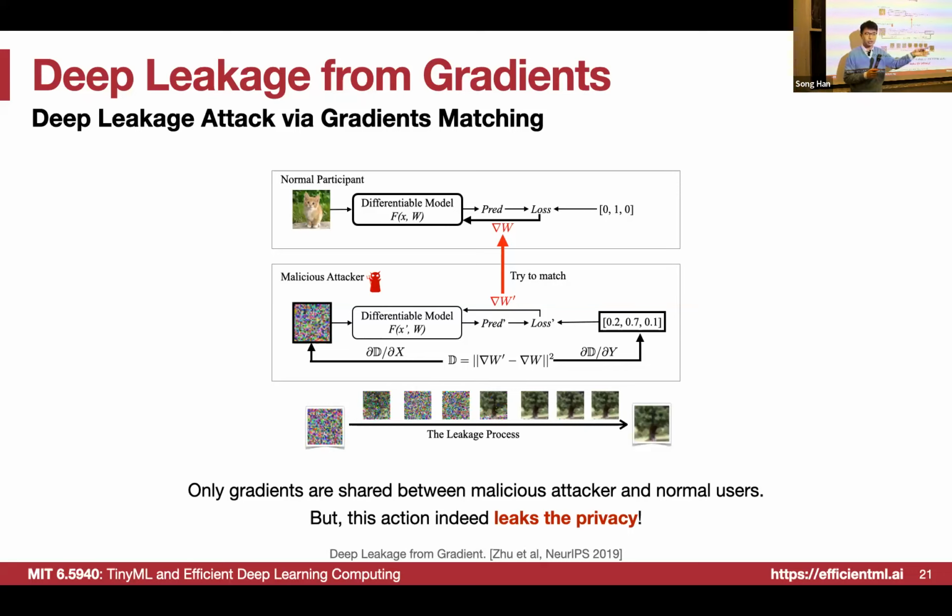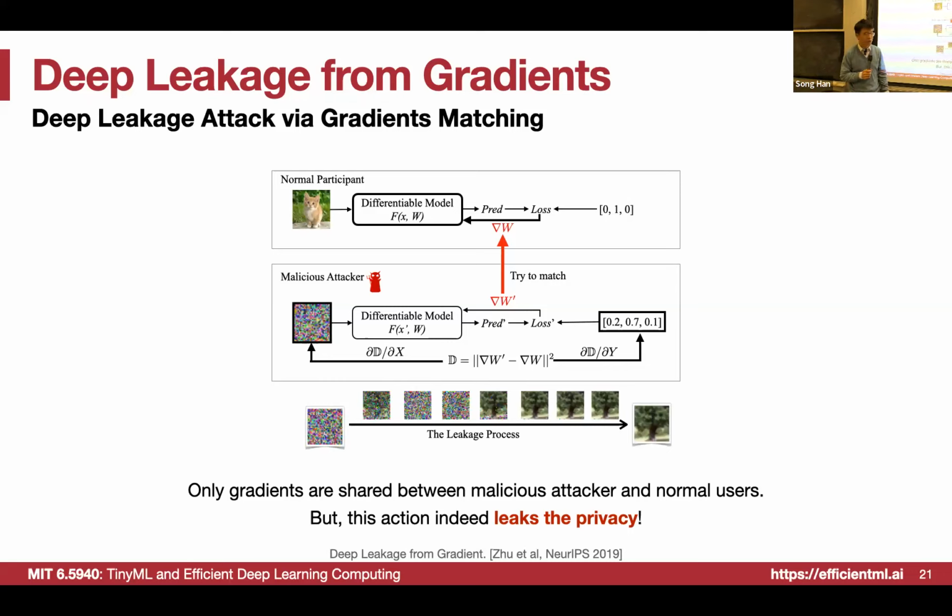We are trying to match the gradient by minimizing the loss. How do we minimize that? We back propagate to this dummy input and this dummy label. So across a couple of iterations, we are going to leak the input image by trying to match the gradient.